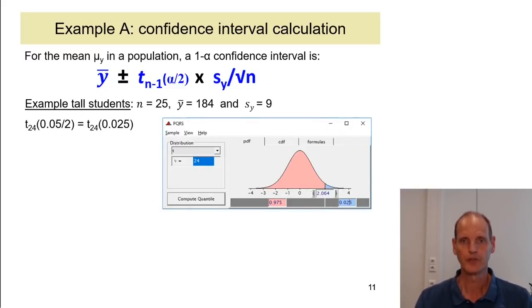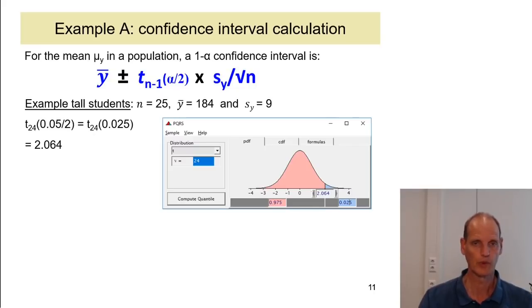We look in PQRS at the t distribution with 24 degrees of freedom, and we look at the quantile with 2.5% at the right-hand side. The right-hand side tail probability is 2.5%. For that particular value, we get a t of 2.064. So the t24 of 2.5% is 2.064.